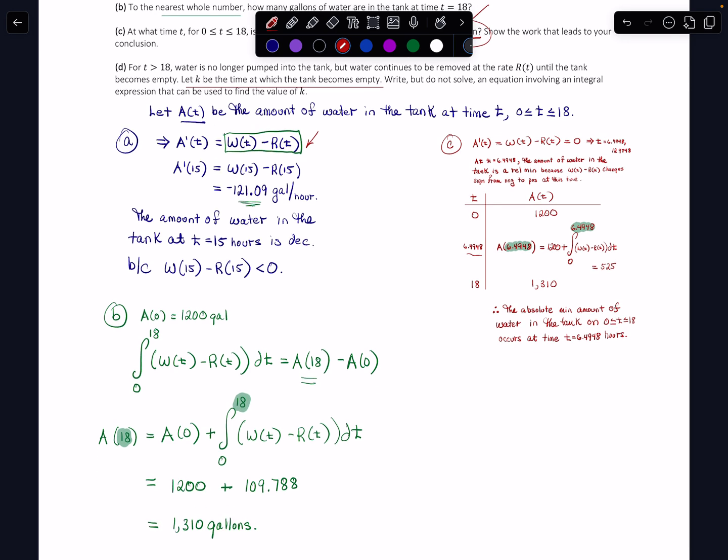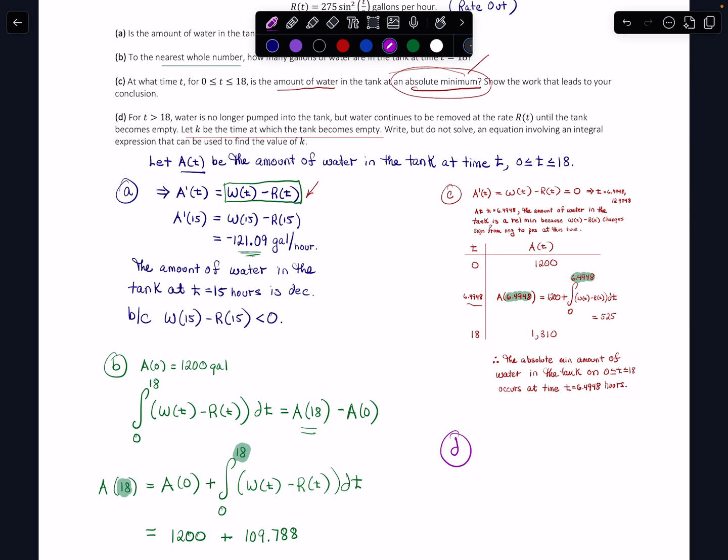So these can be tough because if you don't think about this correctly, it's kind of hard to get it right. Here's what's happening. At the moment after time t equals 18, the water coming into the tank is shut off, but there's still water pumped out. At time t equals 18, I see the amount of water that was in the tank.